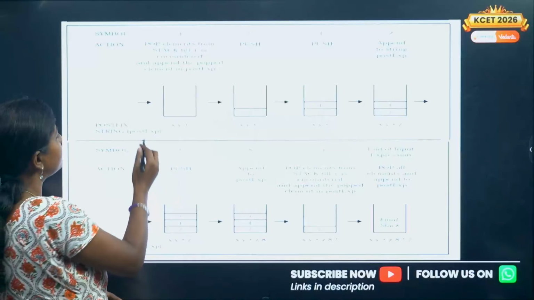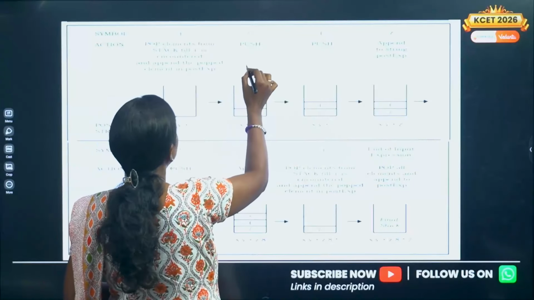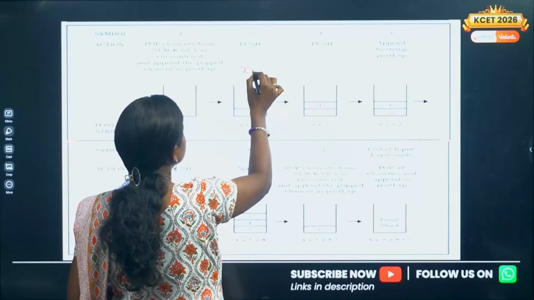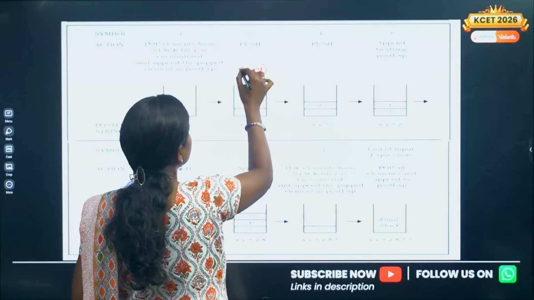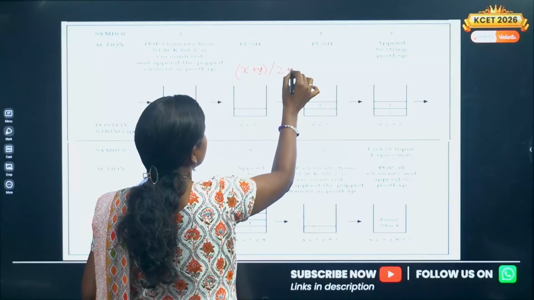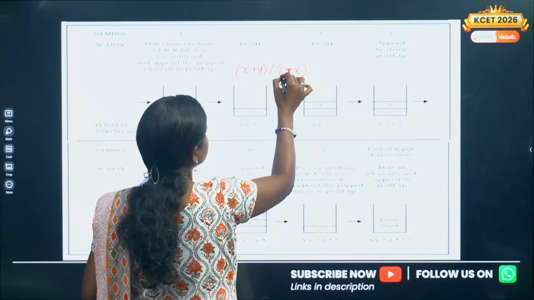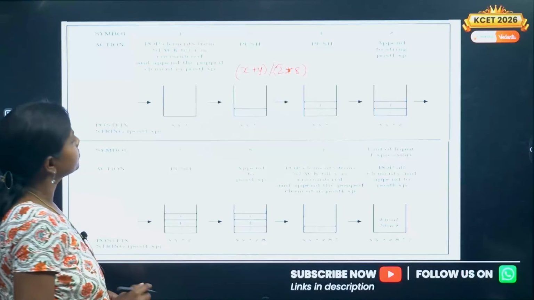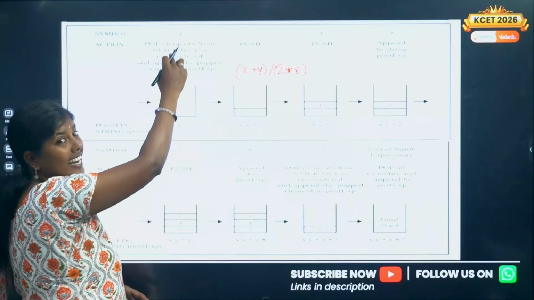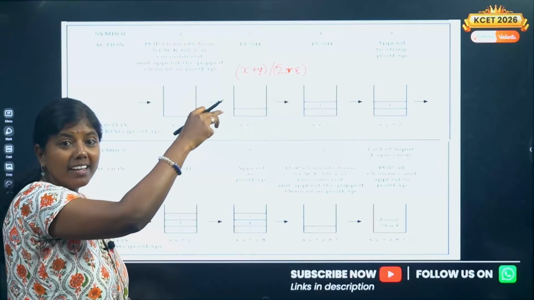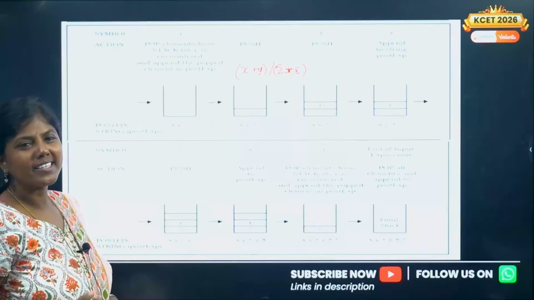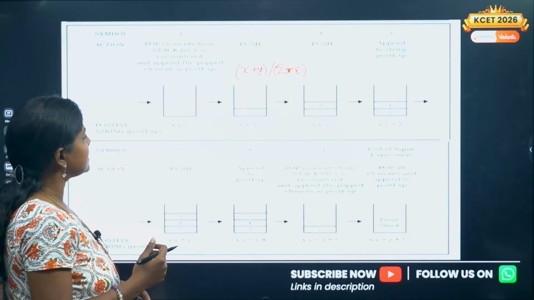Next, I'll just rewrite the expression. What is that expression? X plus y, slash, z star 8. This is the expression. Similarly, we have the right parenthesis. Right parenthesis means keep on popping till you get the left parenthesis.